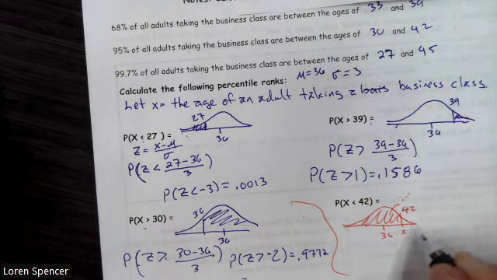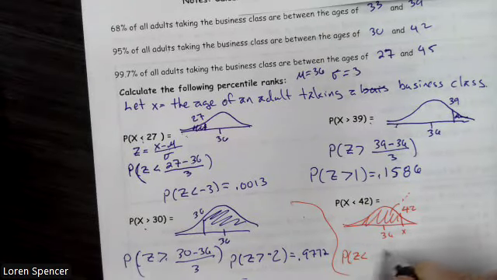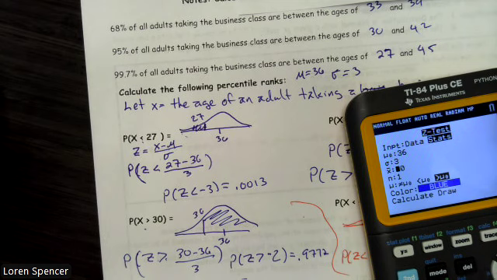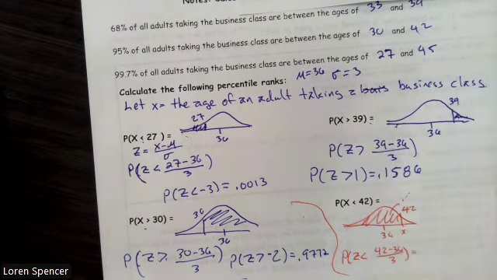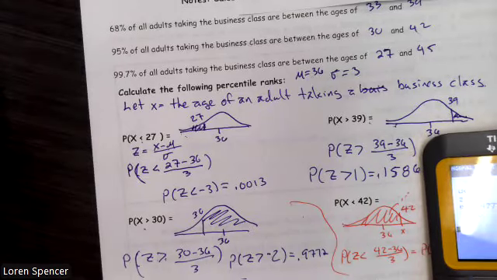And that's my X. So we want the probability that Z is less than 42 minus 36 over 3. And we want it to be a less than. Make sure to make that change. And the probability Z is less than 2 is 0.9772.